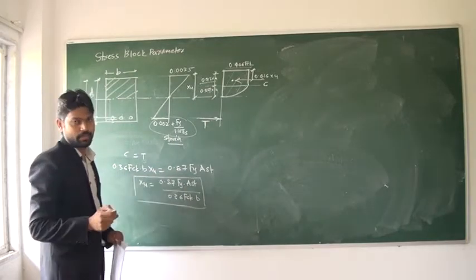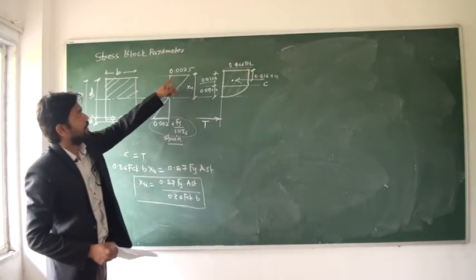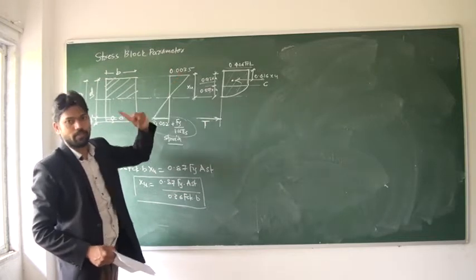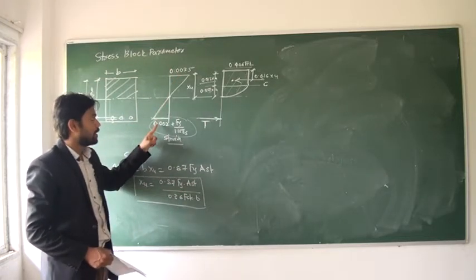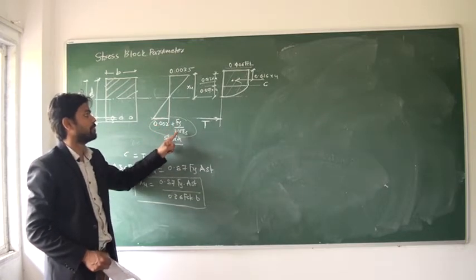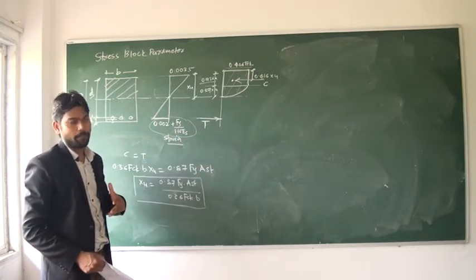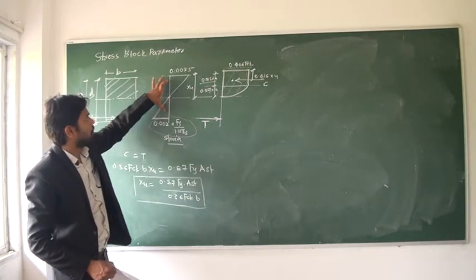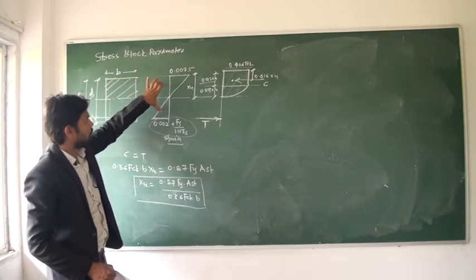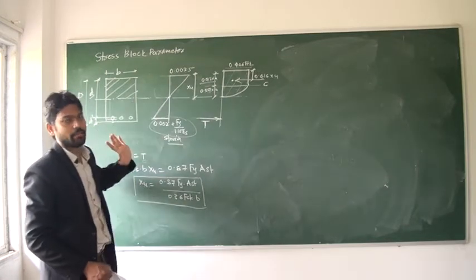Here you can see that at the extreme fiber in concrete, the strain is 0.0035, and at the bottom, the strain in steel is equal to 0.002 plus Fy divided by 1.15 Es. So these are boundary values achieved by the section simultaneously. This is your balanced section strain diagram.